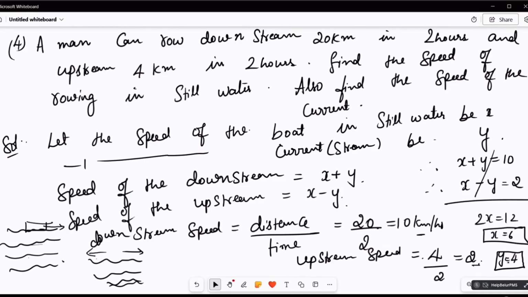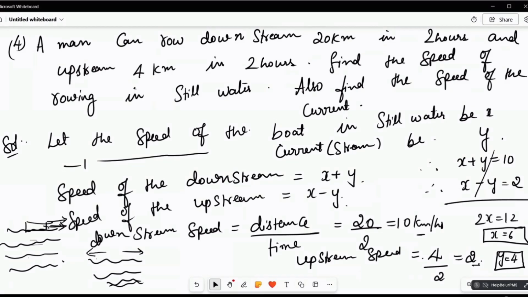Understood? No? Didn't understand? Okay. Think here, in this case, a river, okay, river is moving in this direction. Now one boat should go either in its same direction or in opposite direction, correct? First we will consider boat is also moving in the same direction. So river is also moving, boat is also moving. Then what happens?